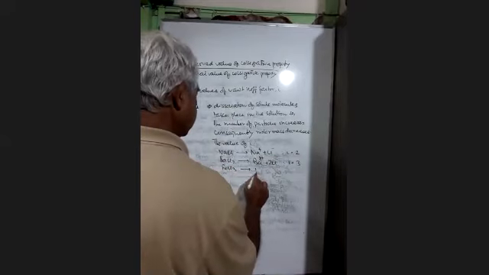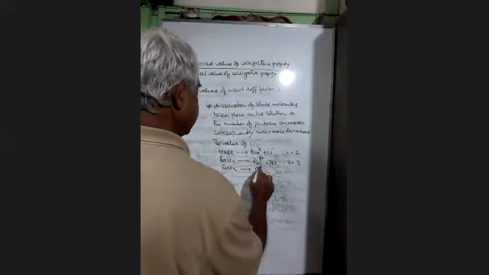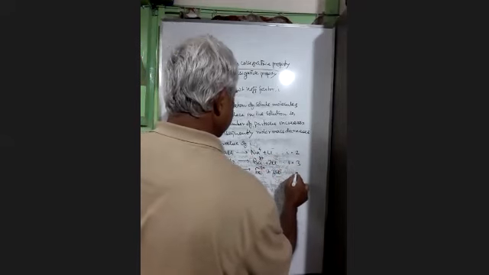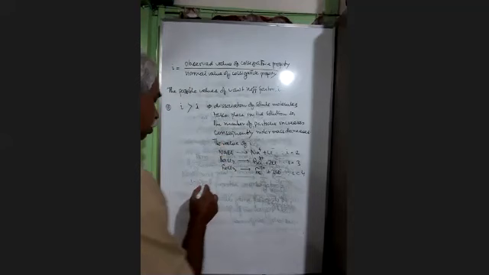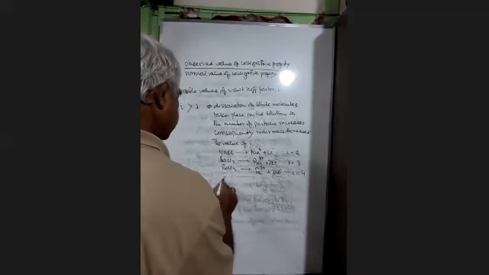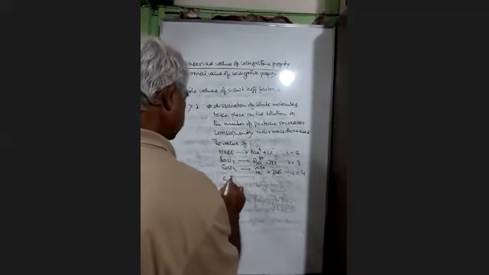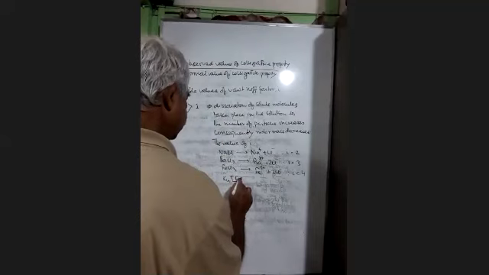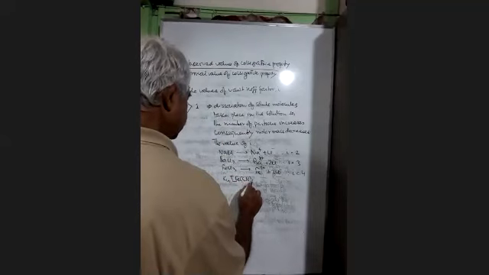FeCl3 gives Fe3 plus and 3 Cl minus. i is equal to 4. Okay, I'll give one more. Don't get scared. K4 Fe(CN)6.